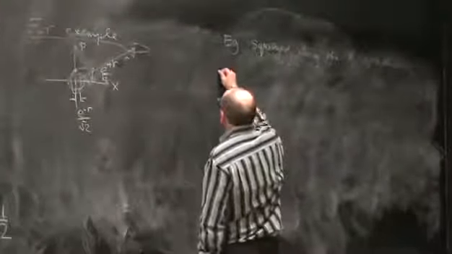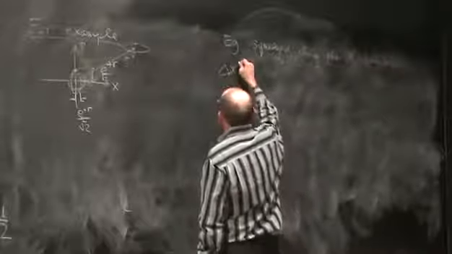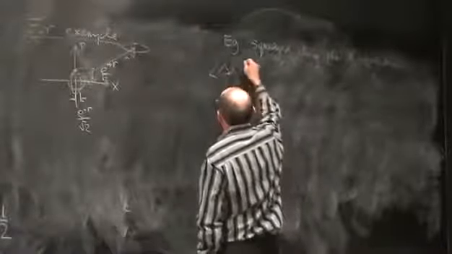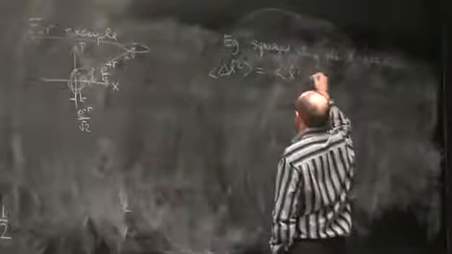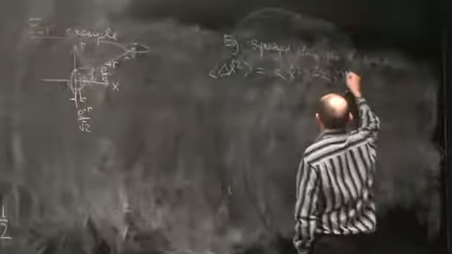So the fluctuations in x are given by the mean of x squared minus the mean of x, quantity squared.